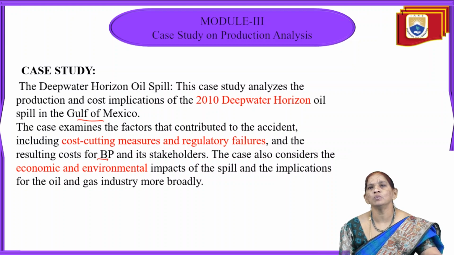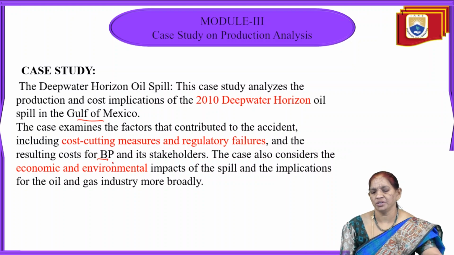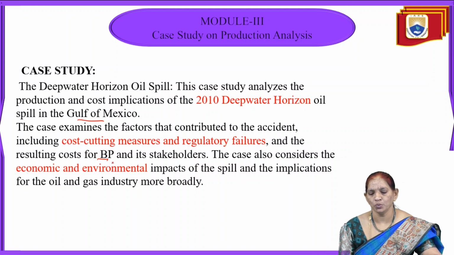It is an incident which took place in 2010 at Deepwater Horizon. It relates to the accident involving the company British Petroleum Corporation, and the effect it had on the company's name, fame and reputation.